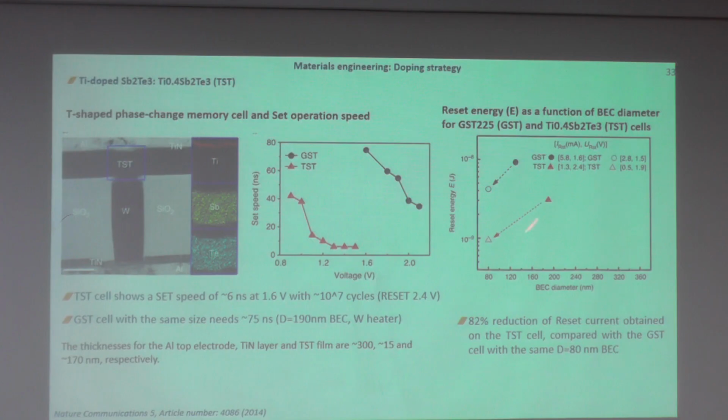The doping with titanium can also reduce the reset current by 82%. So this also leads to a reduction of energy consumption in such cells.